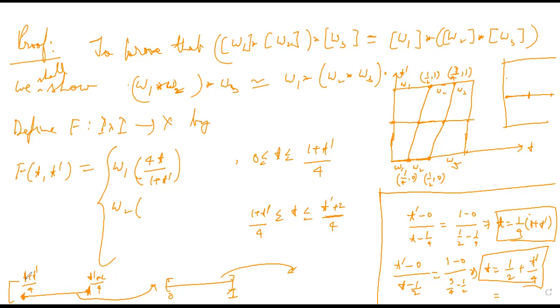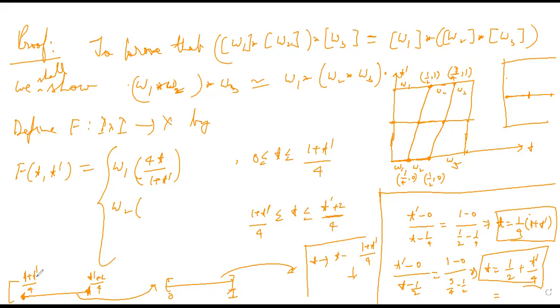First, you translate: t goes to t minus 1 plus t prime upon 4. Then what is the length of this interval?